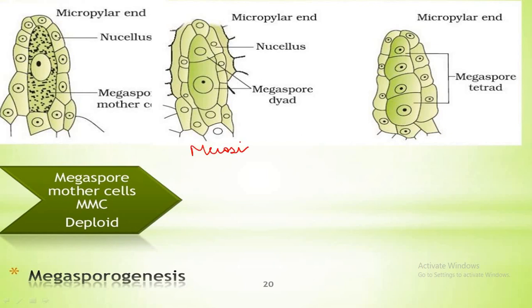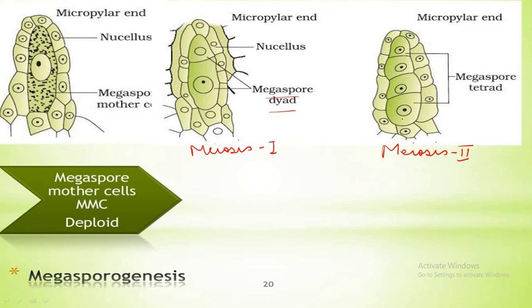At the end of the meiosis 1, there will be formation of 2 cells, right? So it is known as megaspore dyad. Then further, this diagram shows meiosis 2, which results in formation of 4 megaspores or megaspore tetrad.